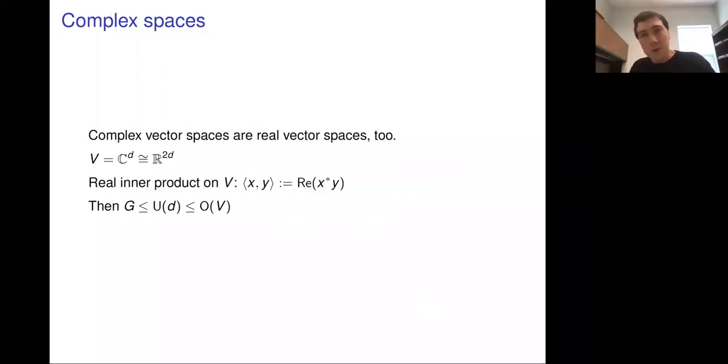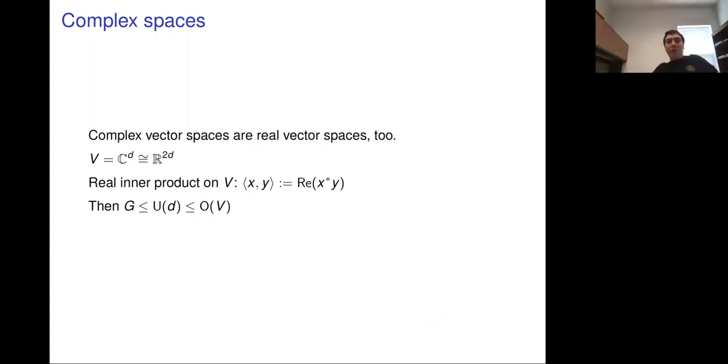One thing I want to point out very quickly here: I've defined this for real inner product spaces. However, if you have a complex inner product space, you can associate that with the real space of twice the dimension. Then the real inner product is just the real part of the complex inner product.